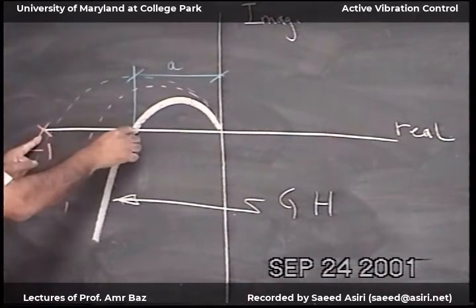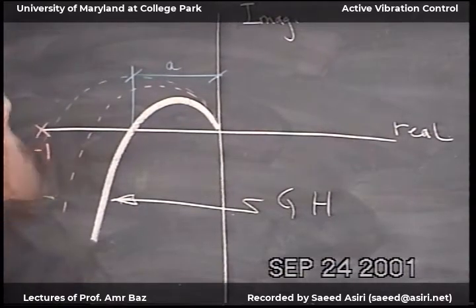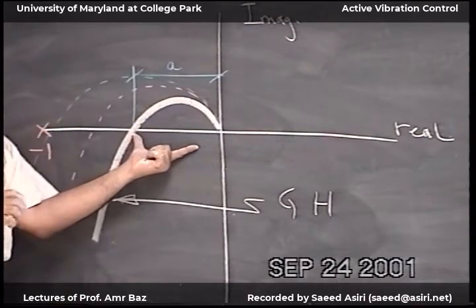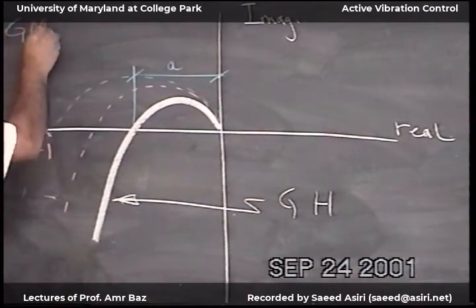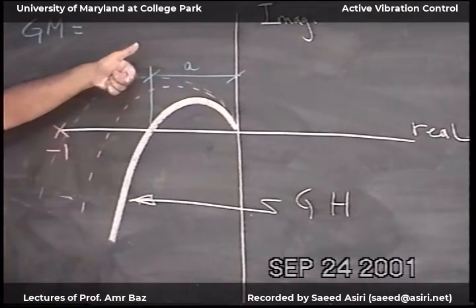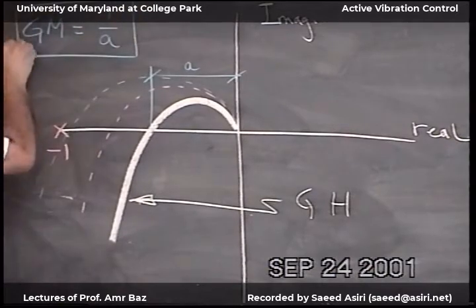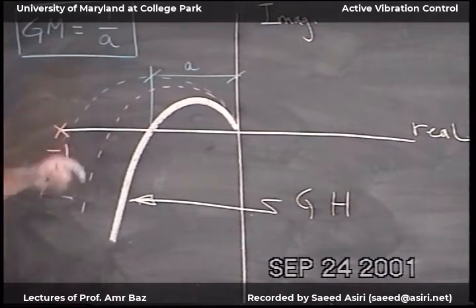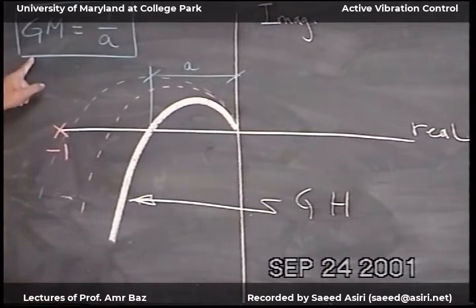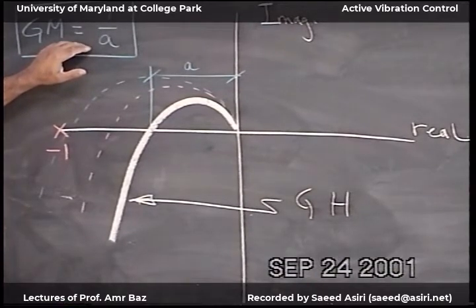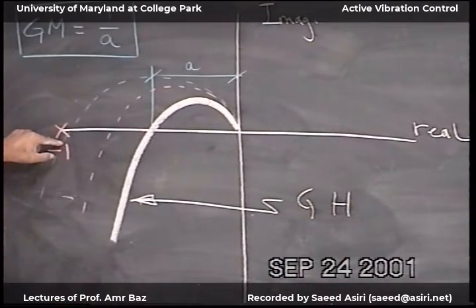So now, if I am at this location, what is my gain margin, that I can pump into the system without making it unstable? So the gain margin will equal 1 over A. Okay, so physically, the gain margin is how much additional gain I can put in the system before I bring it to the instability point.